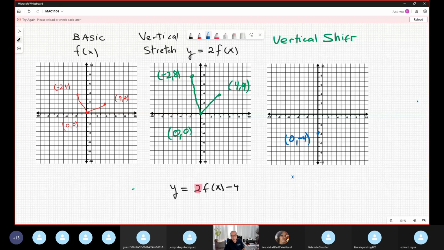Because it's negative 4 subtracting in the y. This guy is negative 2,4, because 8 minus 4 is 4. And this is 4, 4 minus 4 is 0. Is 4,0. And this is the last graphic of the last transformation.